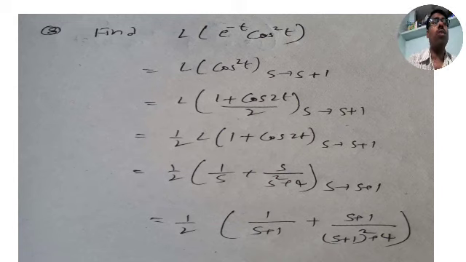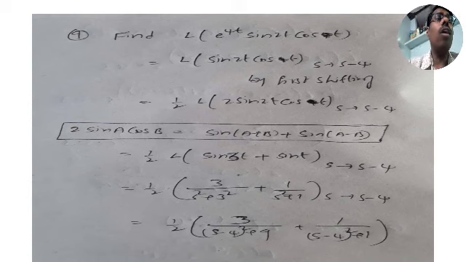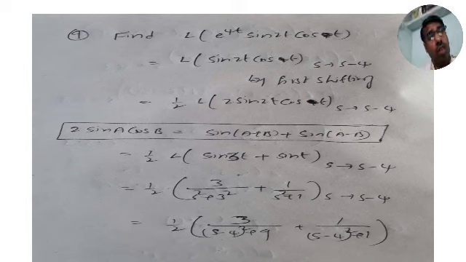Let us move on to the next problem. Find L of e power 4t into sin 2t into cos t. It is a product of 3 functions, but the idea is that e power 4t is one function and sin 2t cos t is the other function, a product of 2 functions.